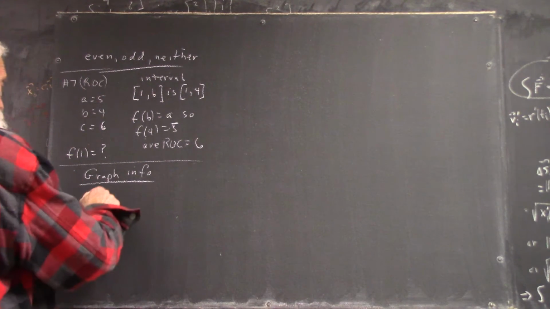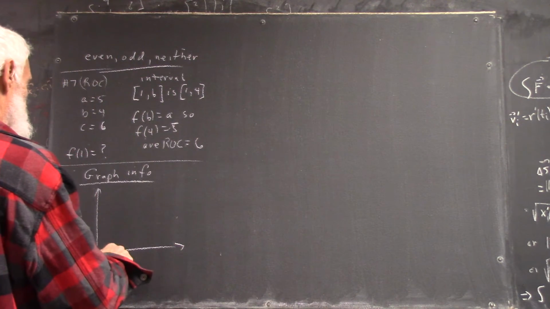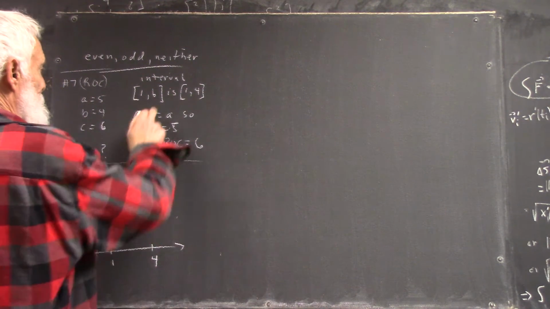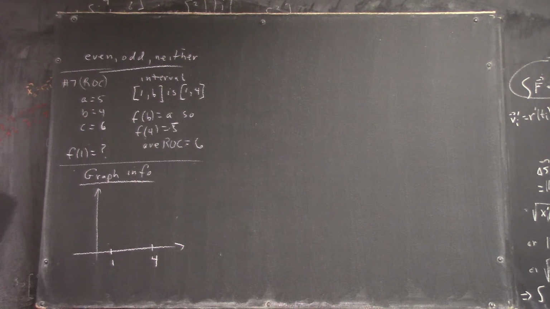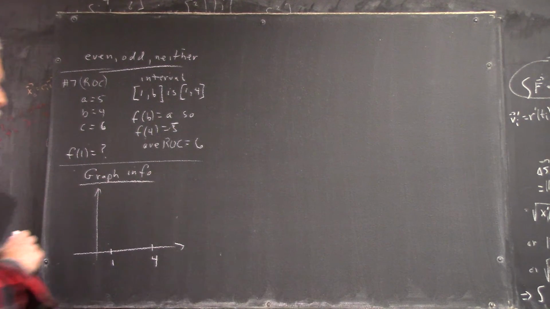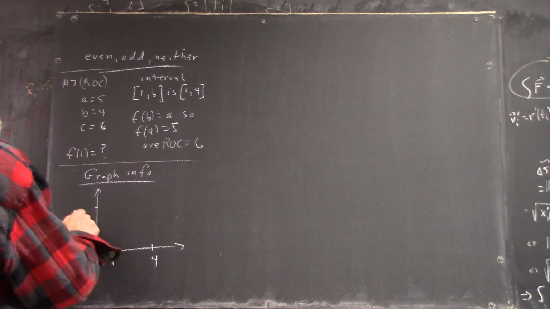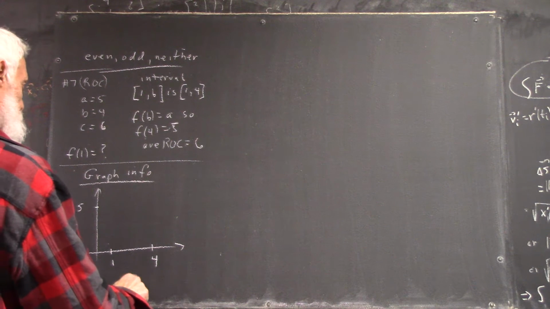We graph our given information. And our given information says, well, okay, we got an interval from 1 to 4. First thing we were given. And F of 4 equals 5. Can you put that on the graph? Yeah, here's 4, here's 5, here's our interval.